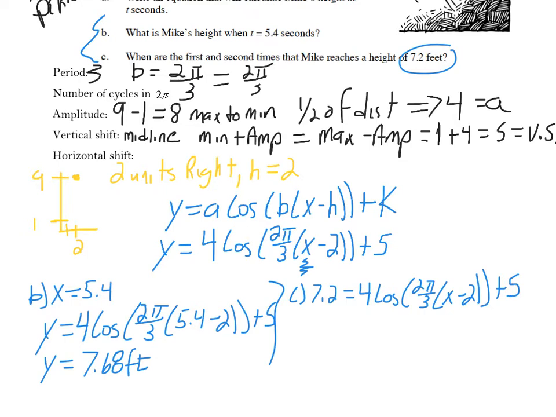Now start by subtracting 5 from both sides. So you have 2.2 equaling 4 times the cosine of 2 pi over 3 times (x minus 2). And now divide both sides, and I'll write this one out. Let's divide both sides by 4.